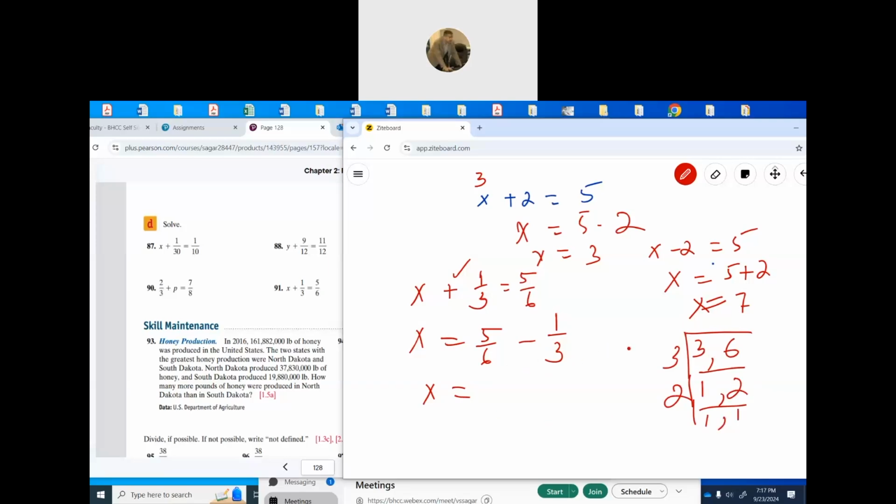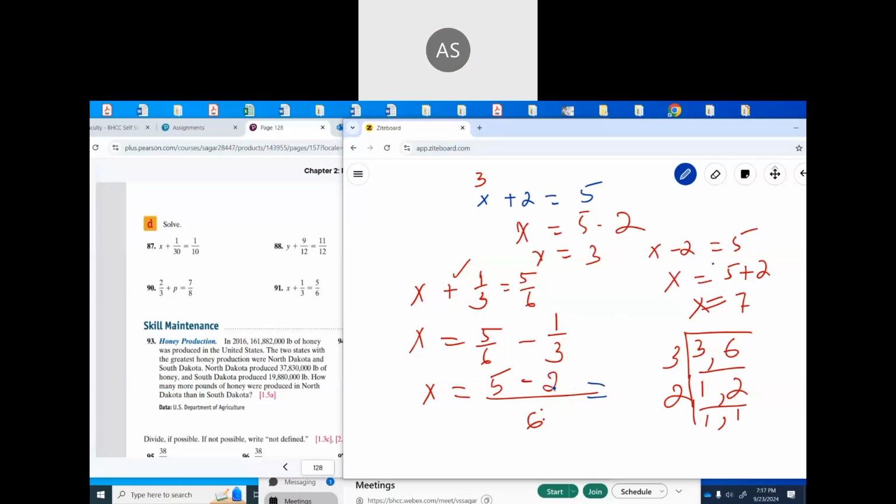So my LCD is 6. So 6 divided by 6, LCD, which is 1. 1 times 5 is 5. Now minus here. 6 divided by 3, which is 2. 2 times 1 is 2.